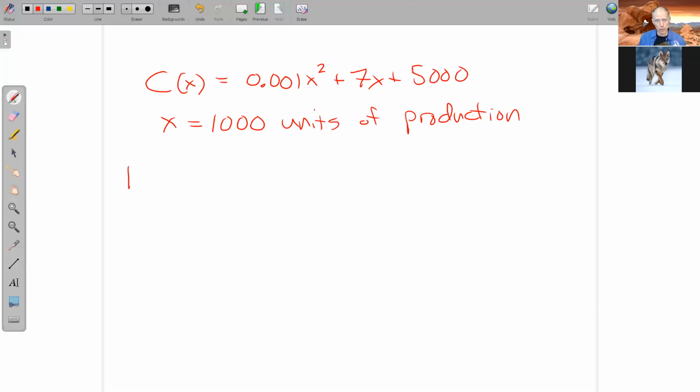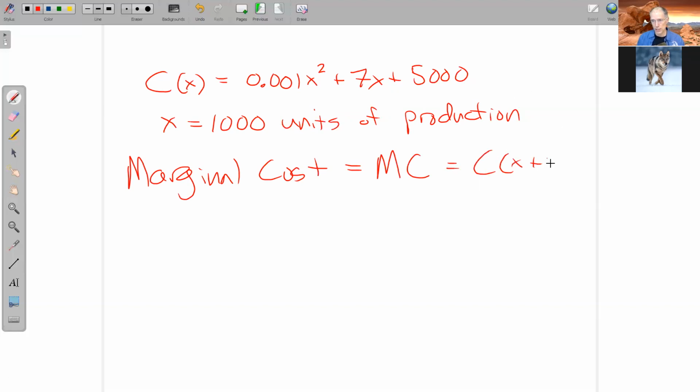So the marginal cost, which is abbreviated MC, is just, again, cost at x plus 1 minus the cost at x. So for us, that would be the cost of 1,001 units versus the cost of 1,000 units.